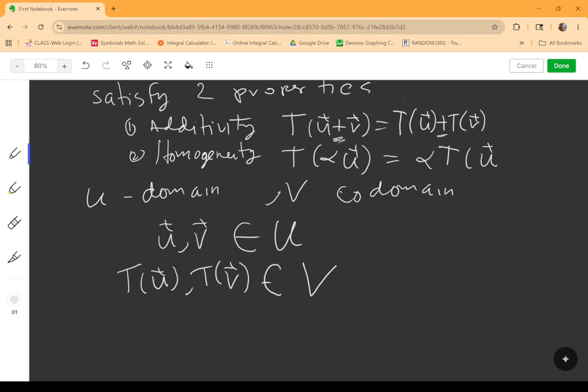They might be different vector spaces of different dimension, so just keep that in mind.